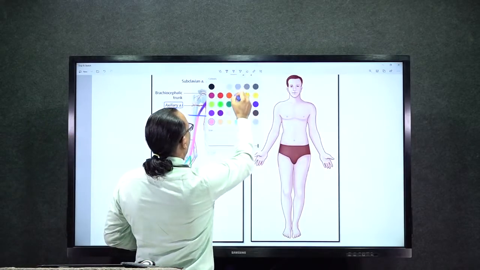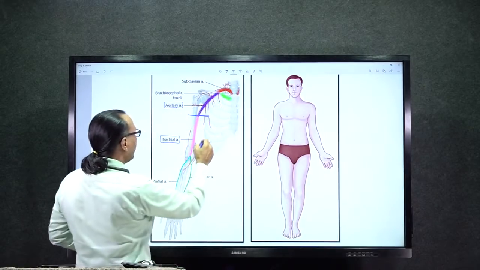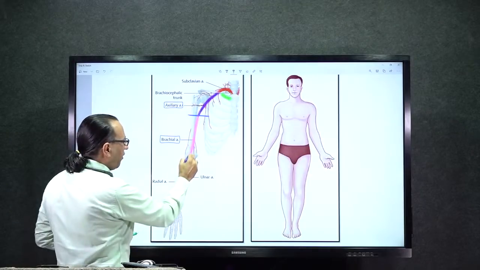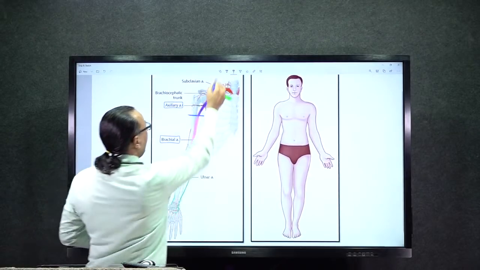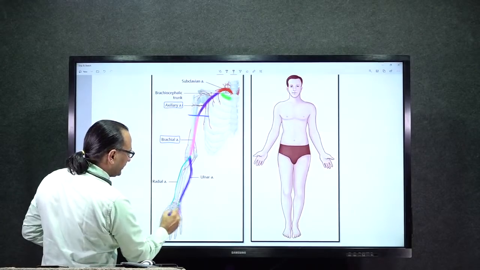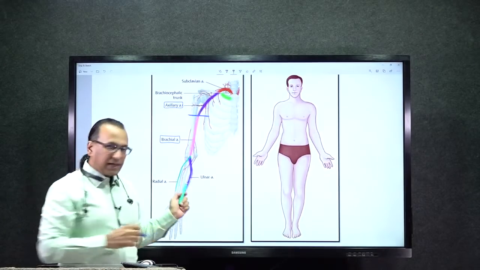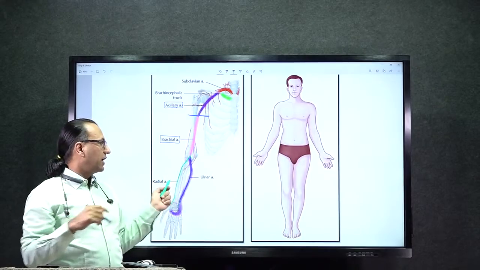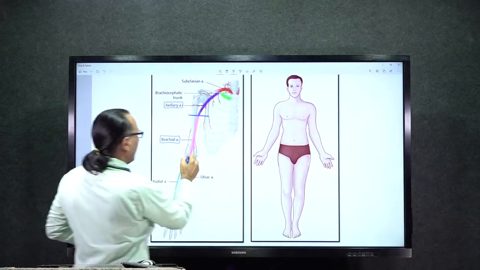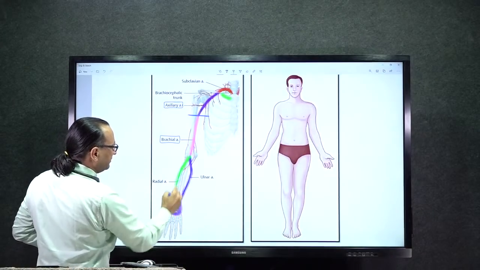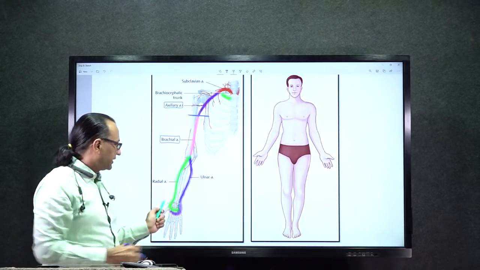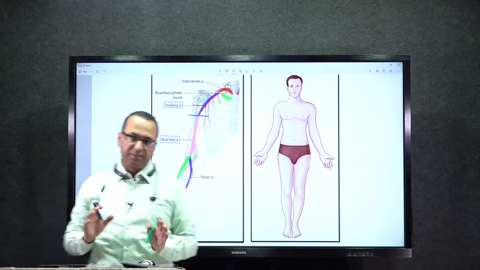If it is a branch which is following the ulnar bone, it will be called the ulnar artery, and as you can see, it is the one which is going to form the superficial palmar arch. Whereas the one which is running with the radius bone is called obviously the radial artery, and radial artery, as we said earlier, will be forming the deep palmar arch, and then there will be some multiple anastomosis. Now this is just the basics.